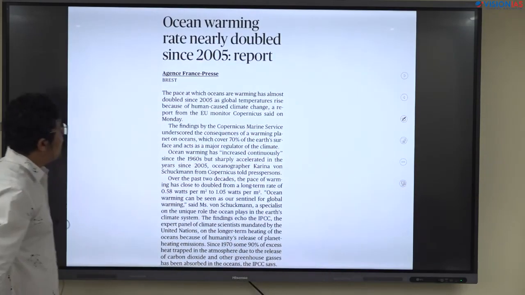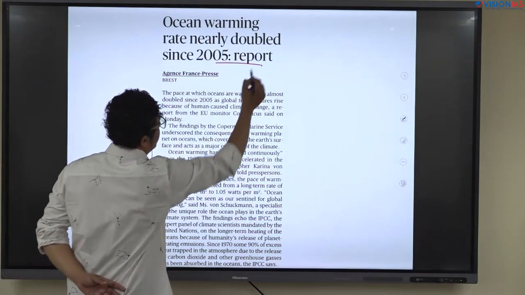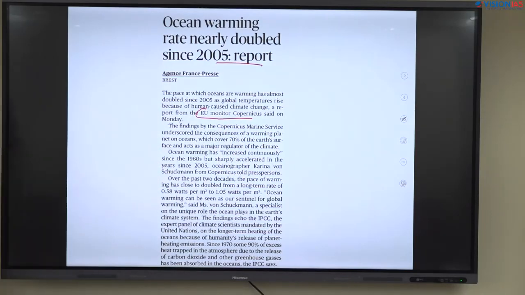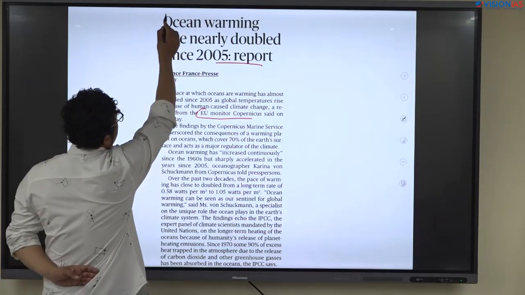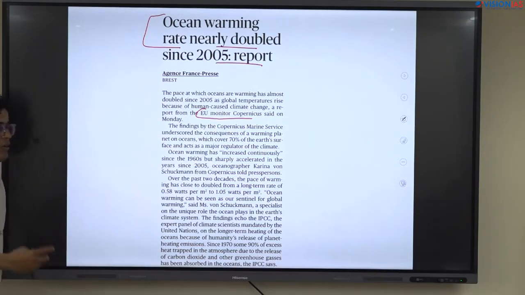Even the recent headline says, a report by the European Union monitor Copernicus, an agency which monitors ocean health. They say that the ocean warming rate has nearly doubled. That oceans are becoming warmer at twice the previous rate.